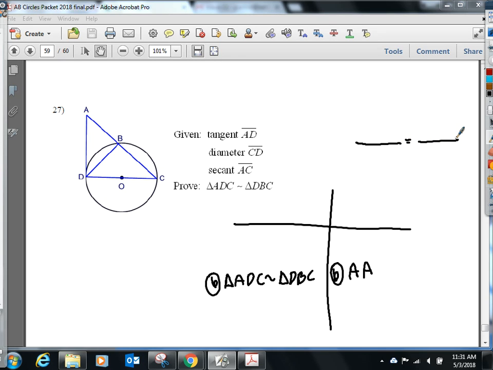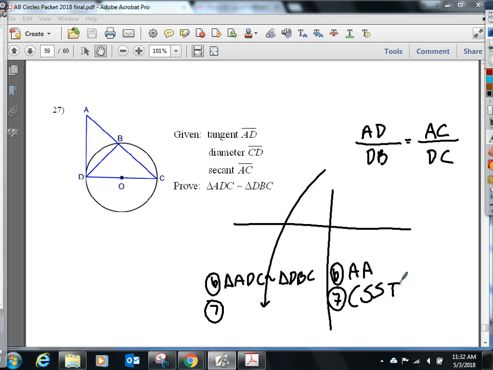Instead of this similar triangle statement, what about proving AD over DB equals AC over DC? What if that was my proof statement? That those sides are in proportion. You proved them similar. Why are corresponding sides in similar triangles proportional? SSTP, yep.